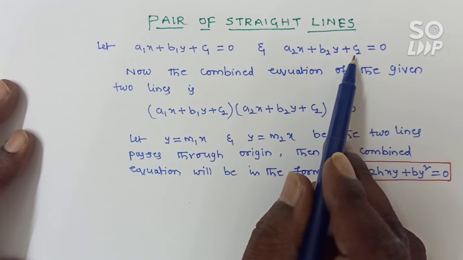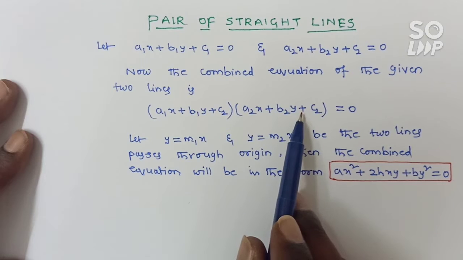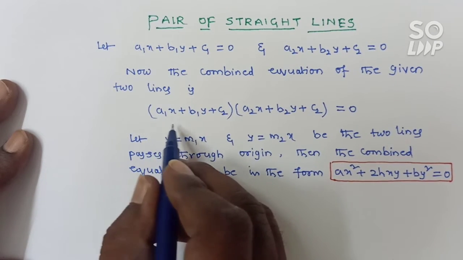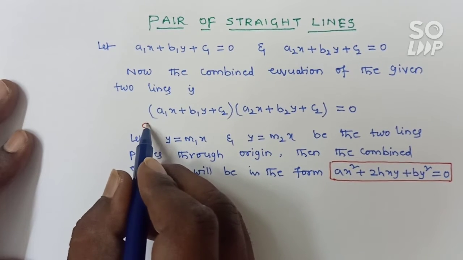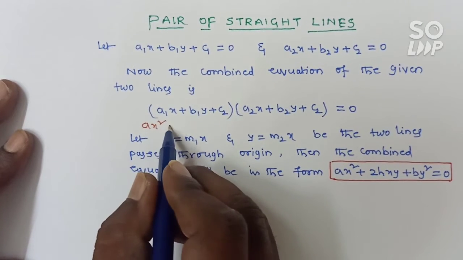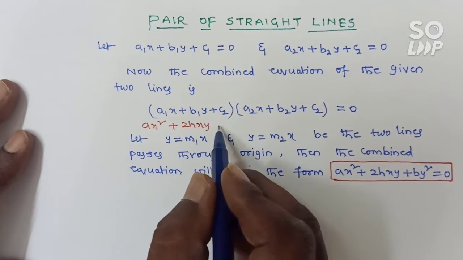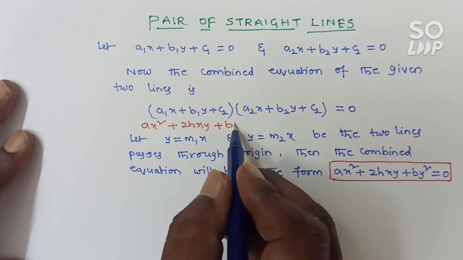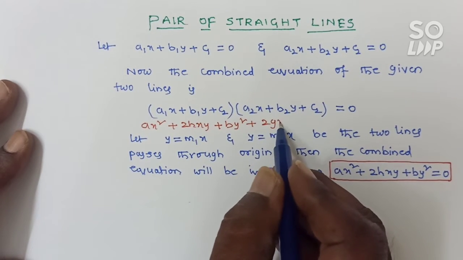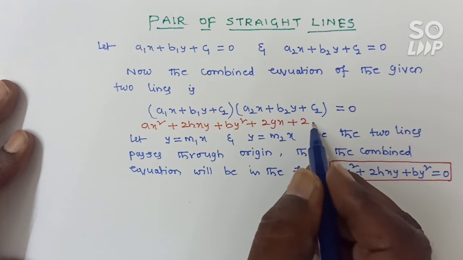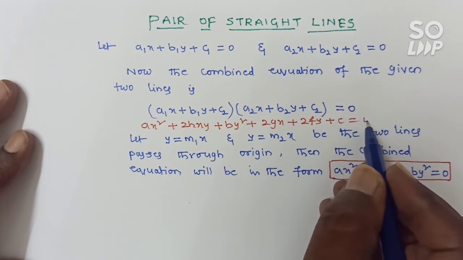In the second equation also we have the constant. The combined equation will be in the form of a into x square plus 2h into xy plus b into y square plus 2 into gx plus 2 into fy plus c is equal to 0.